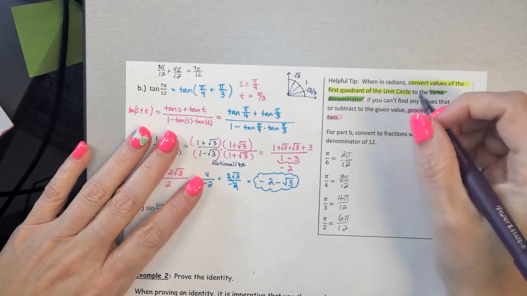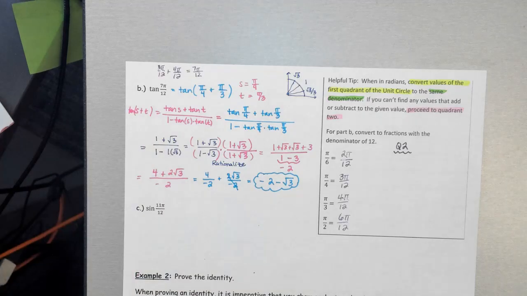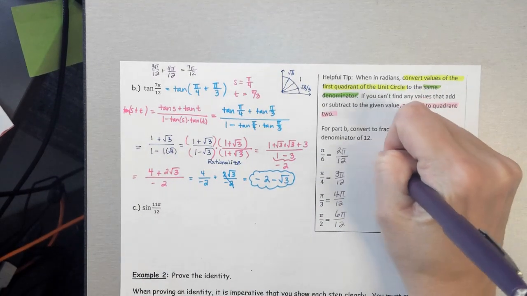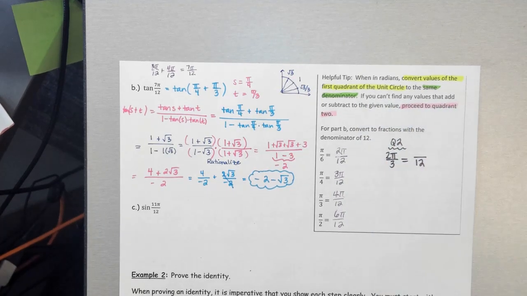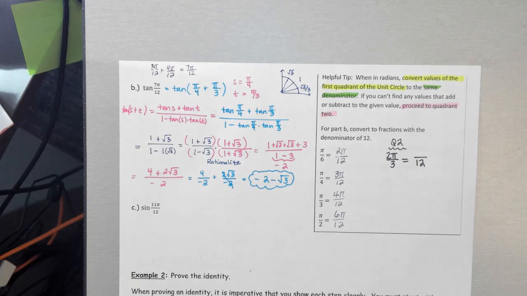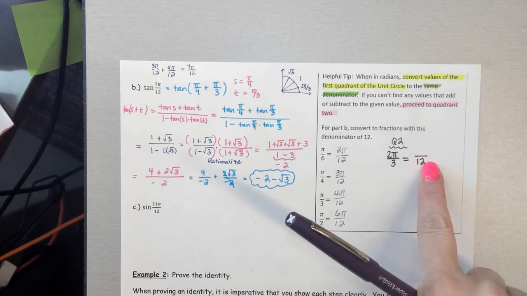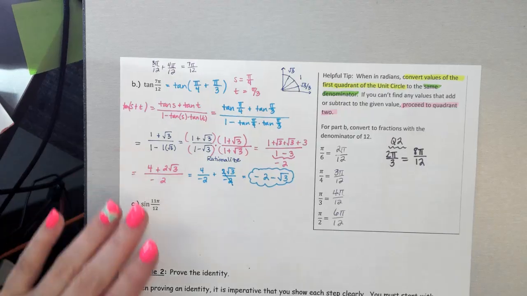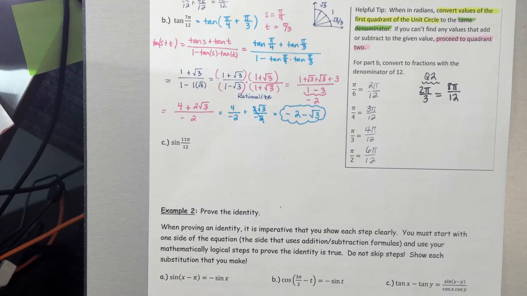So now we're going to go to quadrant 2. The first value would be 2 pi over 3. So now we're going to convert that to a denominator of 12. If you multiply 3 by 4 to get to 12, 2 by 4 would be 8 pi. Now do we have two values that will add to 11?